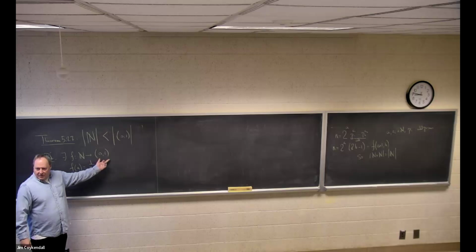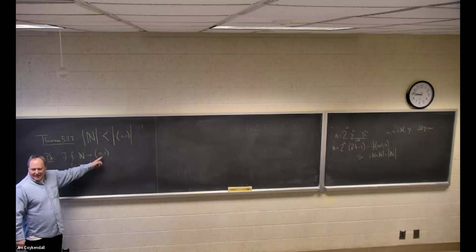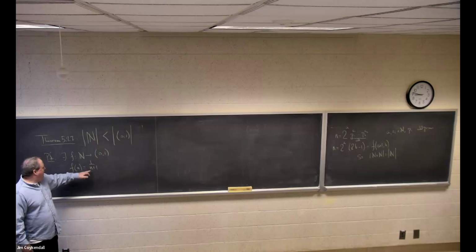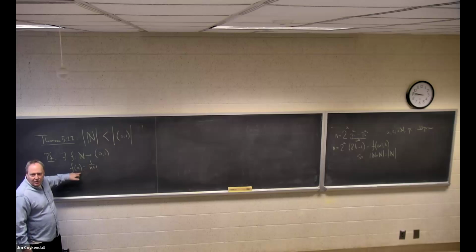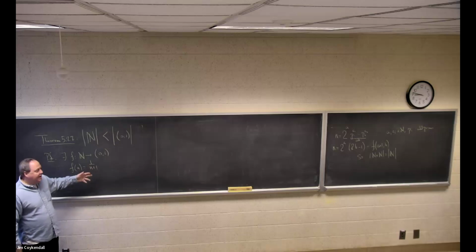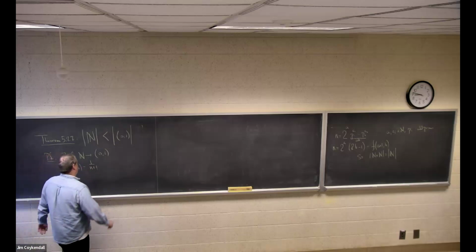This is a 1-to-1 function. Everybody agree with that? And it misses a lot of points in here, right? It misses 0.9, it misses pi over 7, things like this. But 1 goes to a half, 2 goes to a third, 3 goes to a fourth. This is a 1-to-1 map.